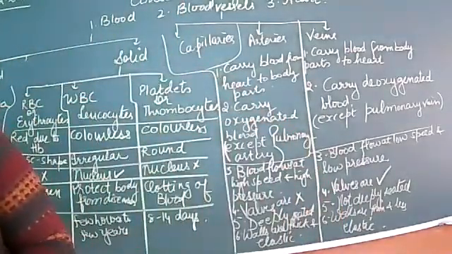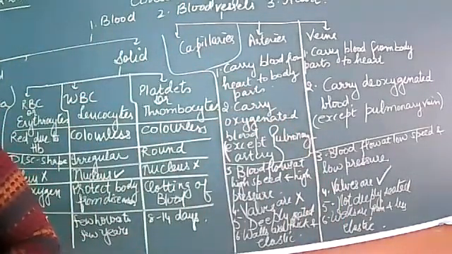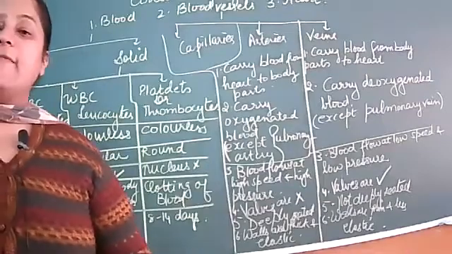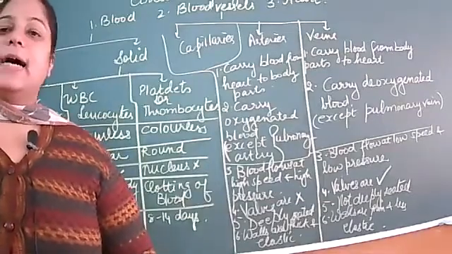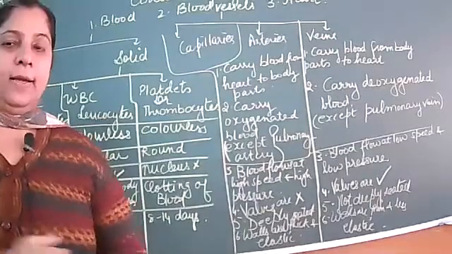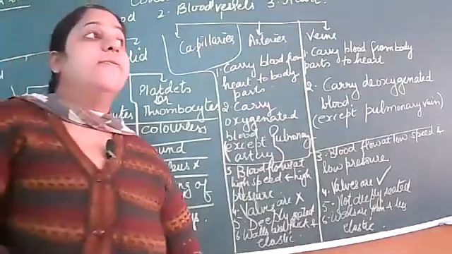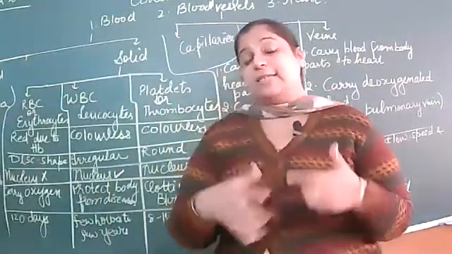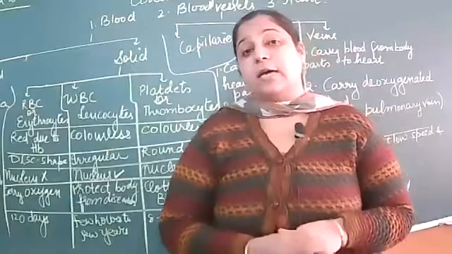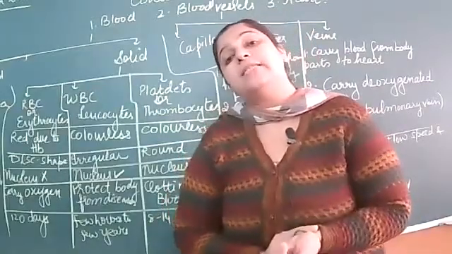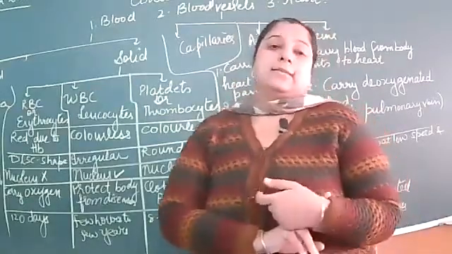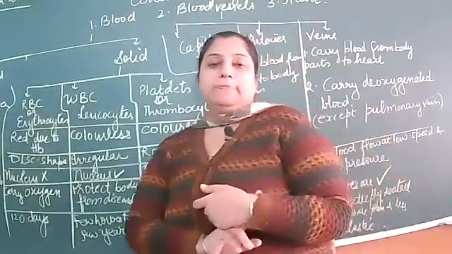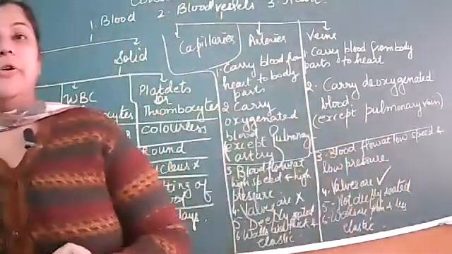The normal pulse rate in human beings is 72 to 80. When you are running, when you are exercising, the blood flows fast, circulation of blood is fast, so the pulse rate increases, right? Is that clear to you?